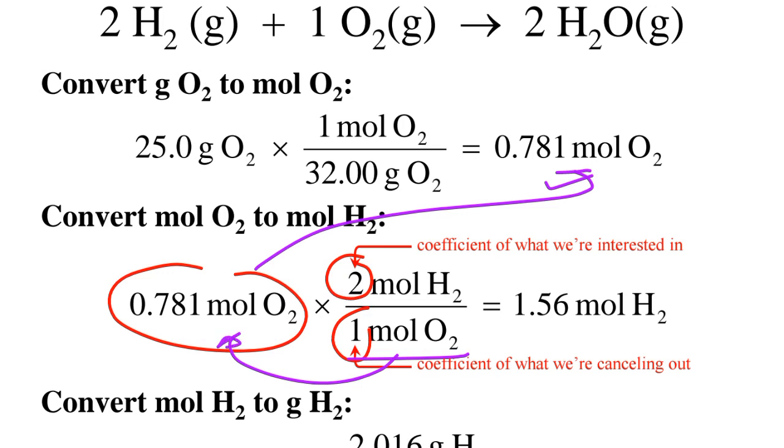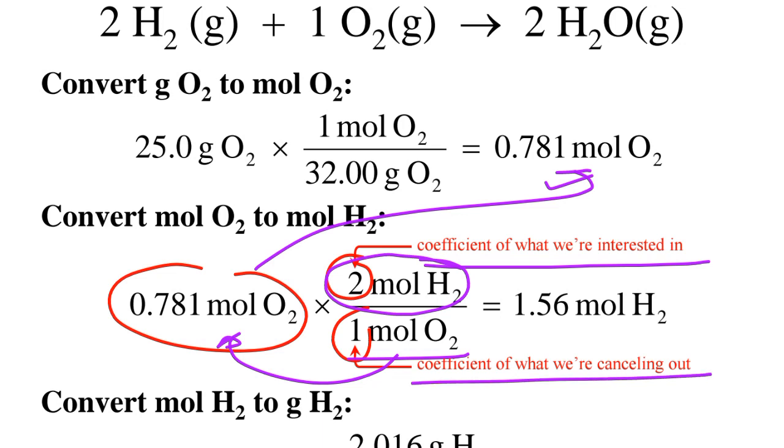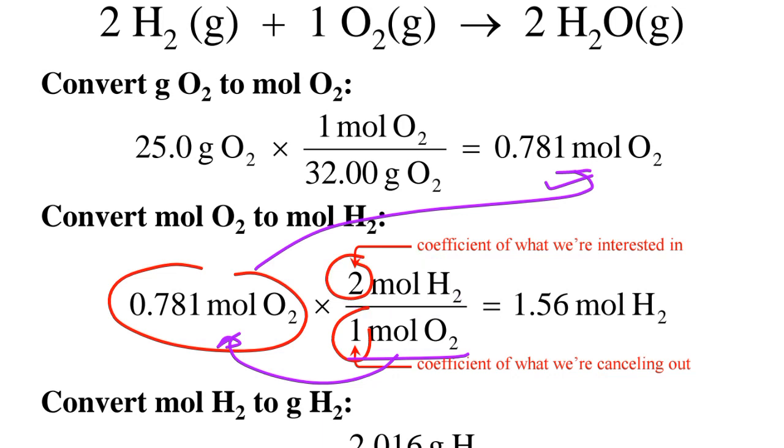Therefore, how many moles will be released from the coefficient of 2 moles? You see, the coefficients are what we use, and the other units cancel out. It is simply like that.